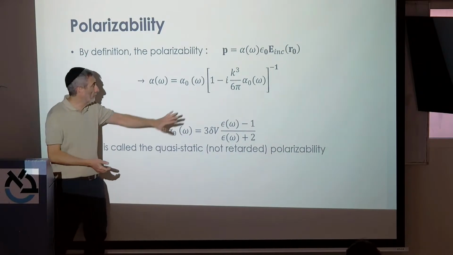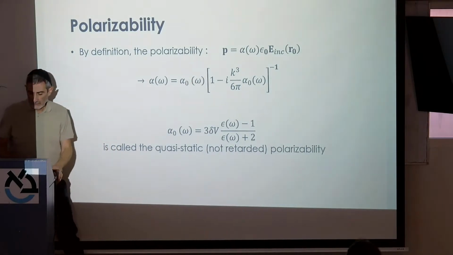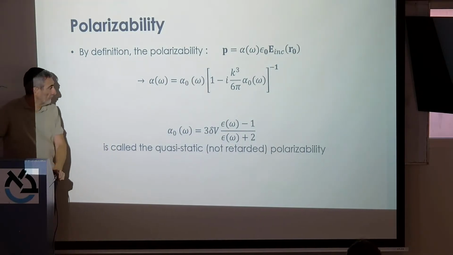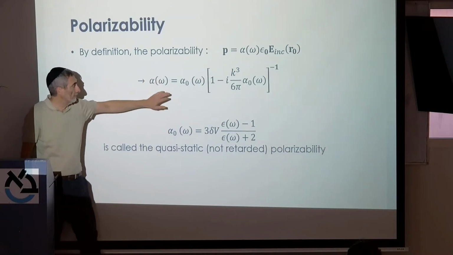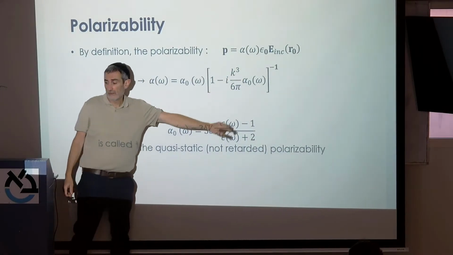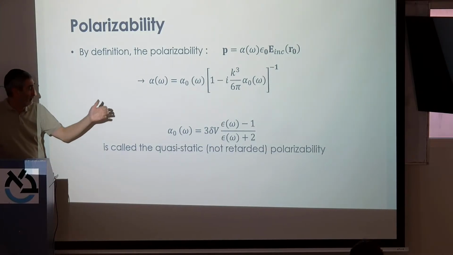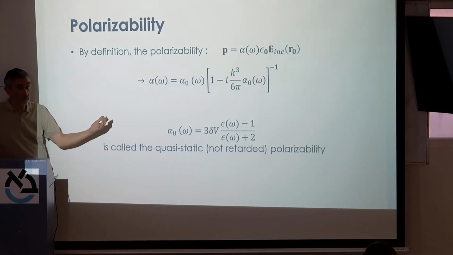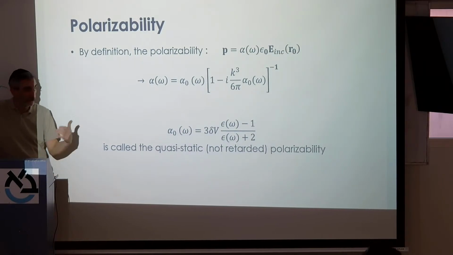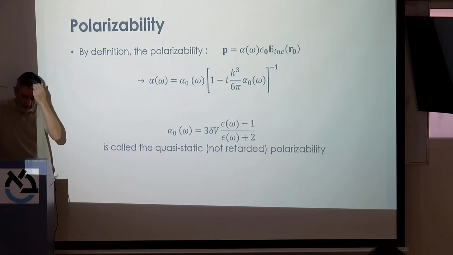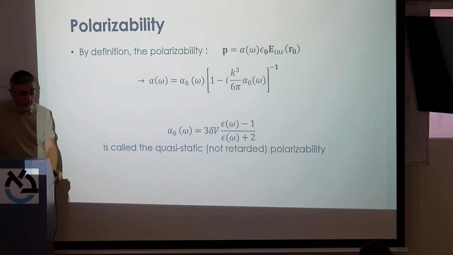That's really the first term. What is the difference between alpha 0 and alpha? It is this term, which represents the dynamic part, the fact that you have an oscillatory field and an oscillatory dipole. So the scatterer will radiate. There is a radiative correction.